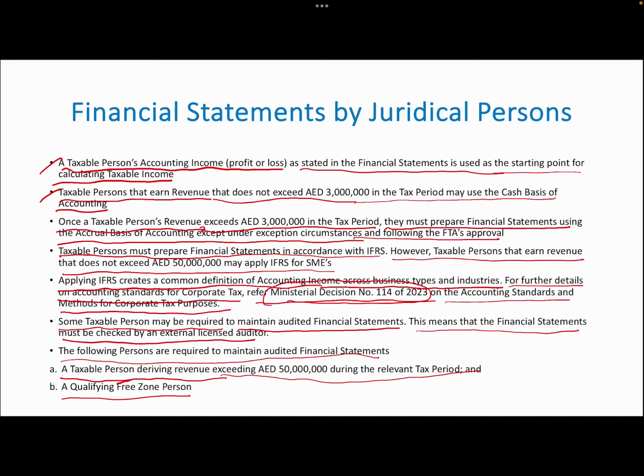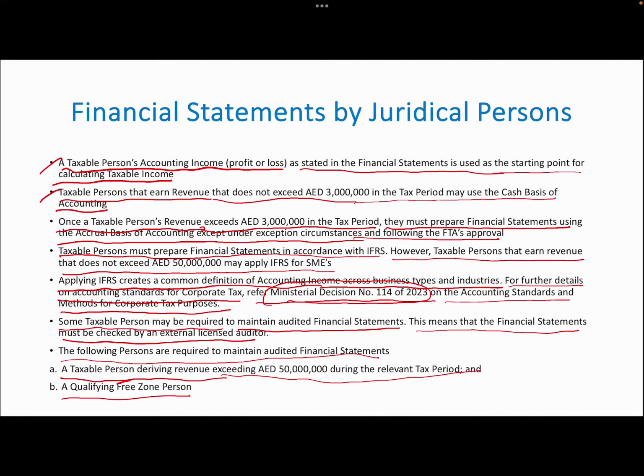Number one. Number two, any company whose revenue exceeds 50 million needs to also follow full IFRS. Again, I'm repeating this 50 million rule. Any company whose revenue exceeds 50 million needs to have its financial statements audited, and also needs to follow the full IFRS.